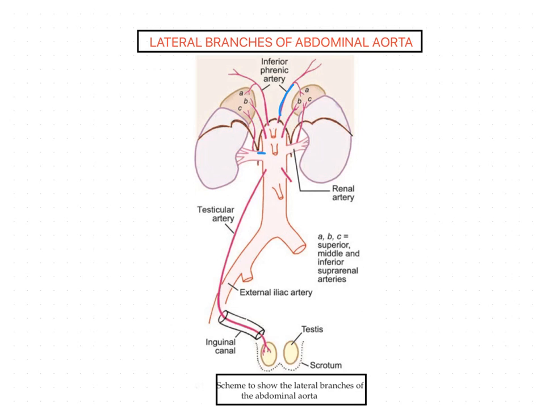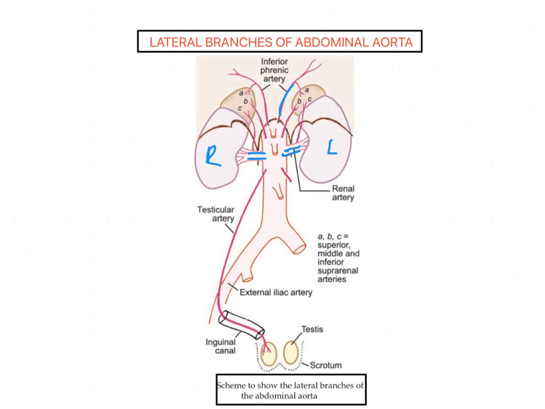Here you can see these are the renal arteries. So this one is the right kidney and the left kidney. The renal artery supplies the kidney. By the name itself we can identify that this artery supplies the kidneys.